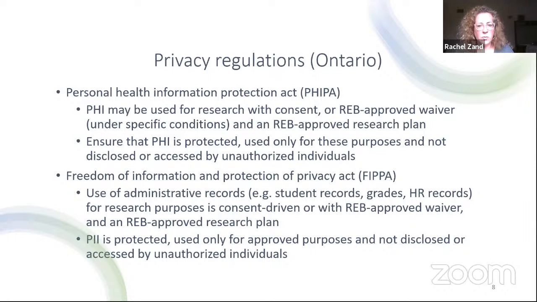And that is whereby researchers who want to use administrative records, so student records, grades, HR records, for research purposes, get permission through consent or with a waiver, and there's an REB approved research plan. Personally identifiable information is protected and used only for approved purposes and not disclosed or accessed by unauthorized individuals.